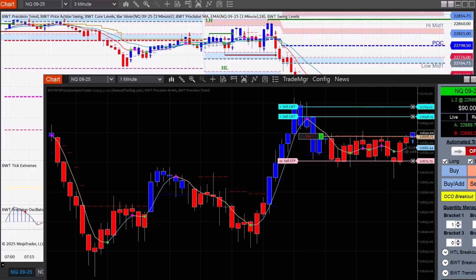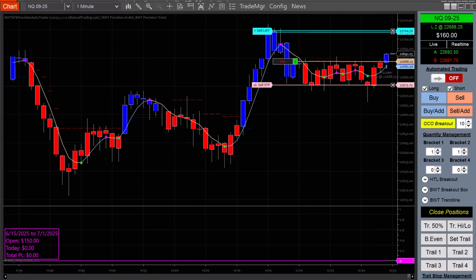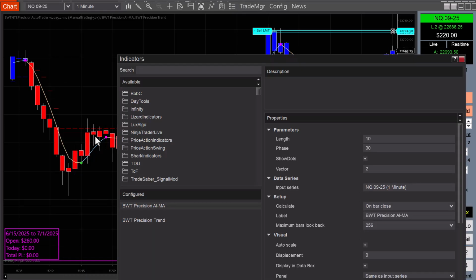I'm not recording audio for this session, as I didn't record it when I made the video, but as you can see, I took the breakout here and I did get the first blue bar, and I set my targets a little bit shy of the sell zone that I was looking for.